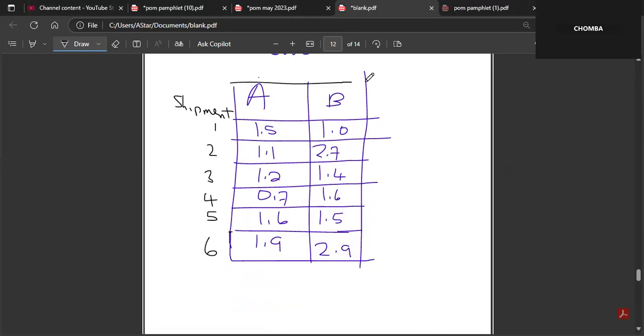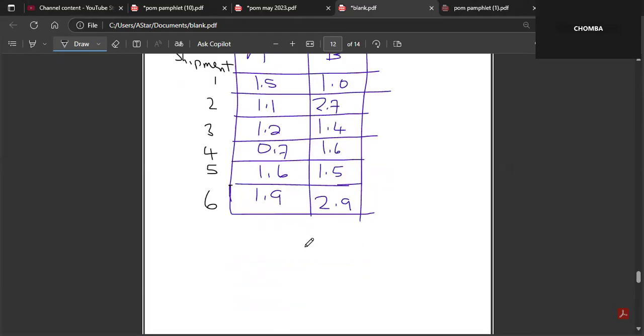Whichever way we are looking at this, which one is the smallest time? 0.7. Where is it, in A or B? In A. So you do job 4 first, and cancel this one from here.